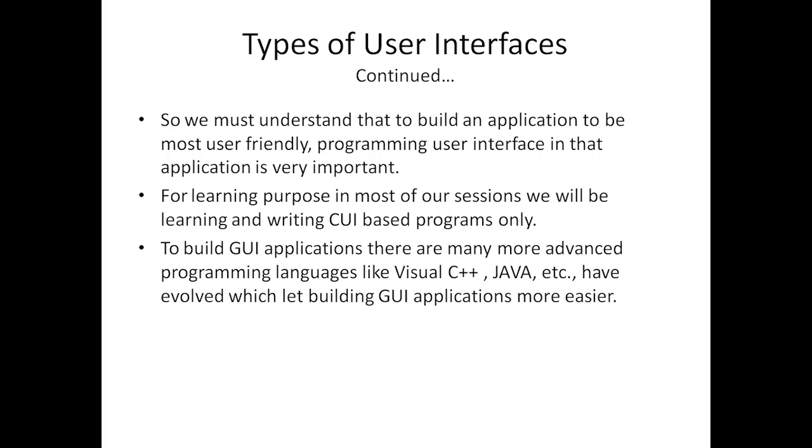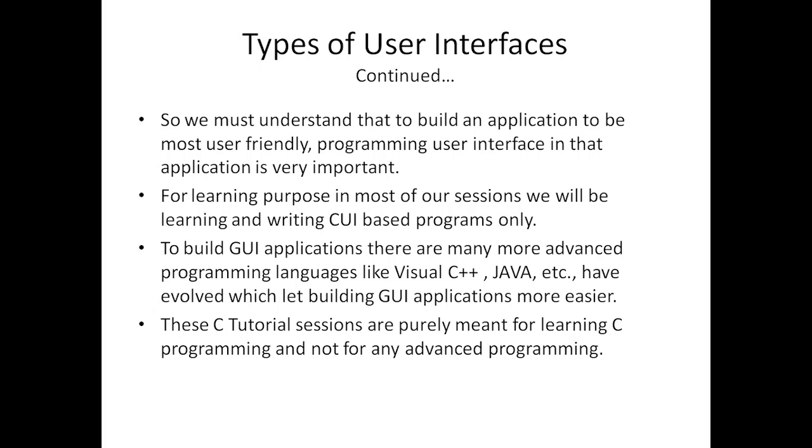To build GUI applications, many more advanced programming languages like Visual C++, Java, etc. have evolved, which let us build GUI applications more easily. These C tutorial sessions are purely meant for learning C programming and not for any advanced programming.